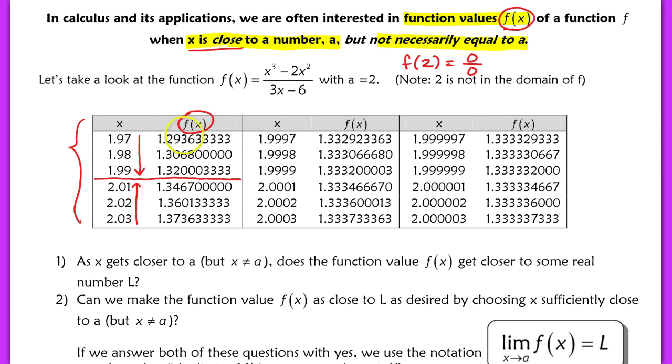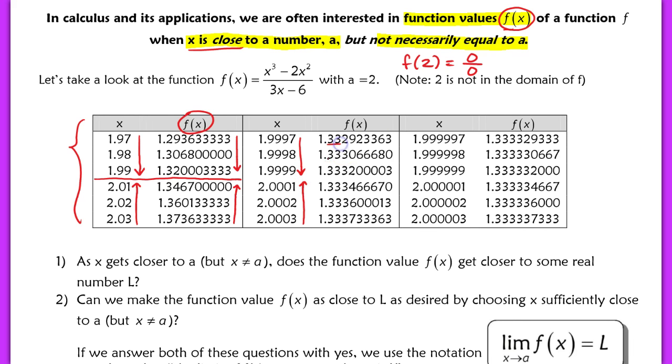Now those y values look like they're approaching a number. I already know what that number is, but it's kind of hard to see with these decimals what that number might be, until you get even closer increments. So here I'm super close to x equals 2, from the left and from the right, getting closer.